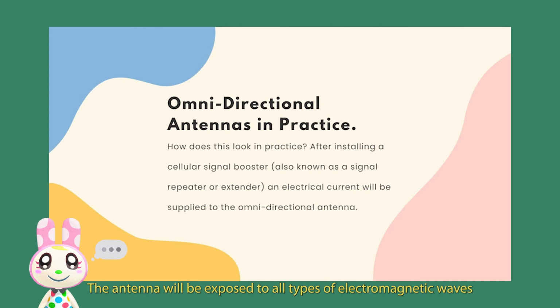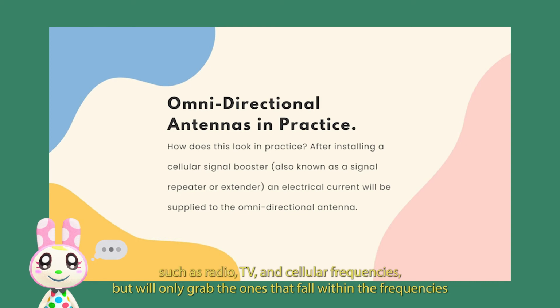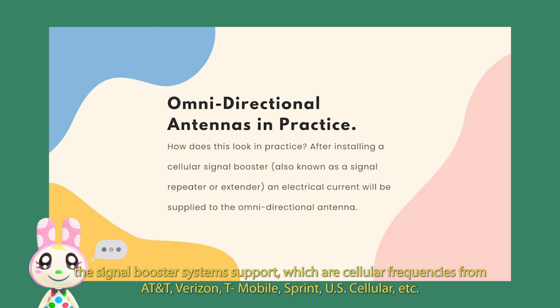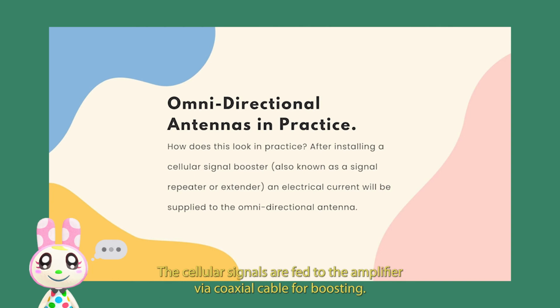The antennas will be exposed to all types of electromagnetic waves, such as radio, TV, and cellular frequencies, but will only grab the ones that fall within the frequencies the signal booster system supports, which are cellular frequencies from AT&T, Verizon, T-Mobile, Sprint, and US Cellular. The cellular signals are fed to the amplifier via coaxial cable for boosting.